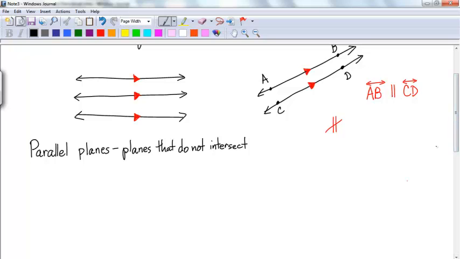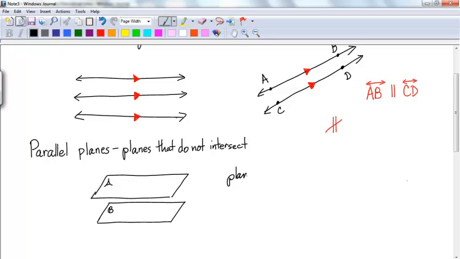They may draw it something like this. Here's one plane, and then the other one might be like this. Then it just might say in words plane A. Remember, it's usually a script letter in the corner here and a script letter here, and say that plane A is parallel to plane B.